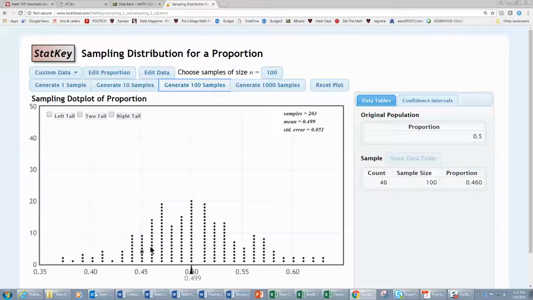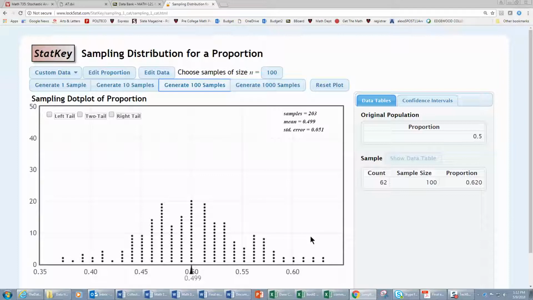So each dot here represents the proportion out of 100 people who are in our category, voting for candidate A, or who are women, or whatever it is we're interested in the proportion of. So notice there's quite a bit of variation.